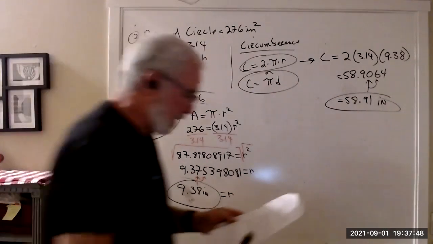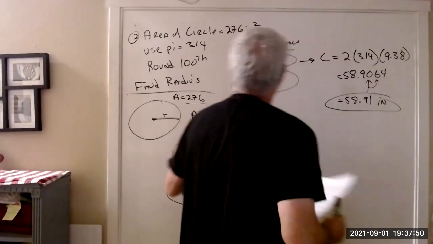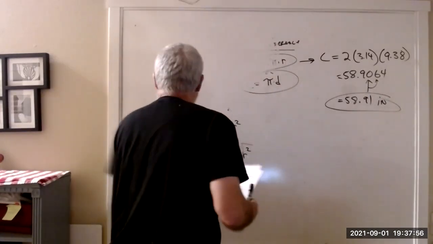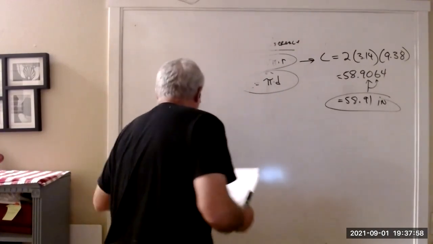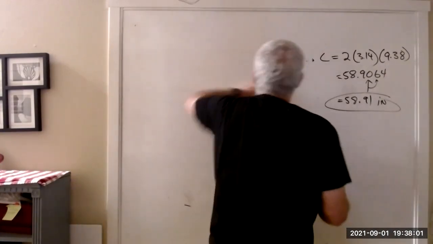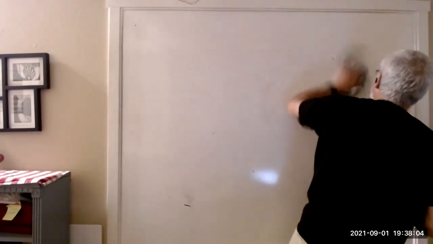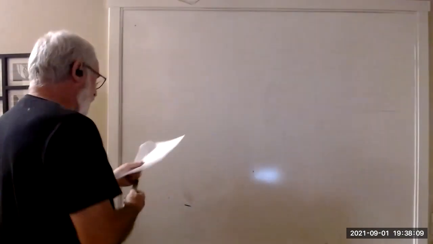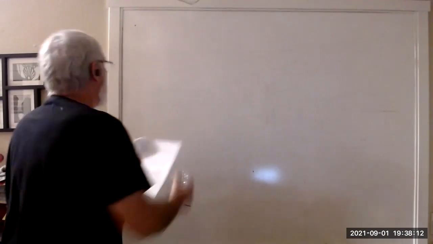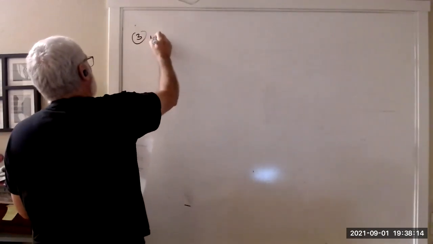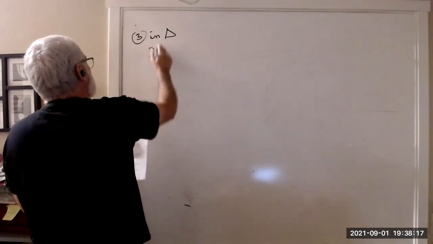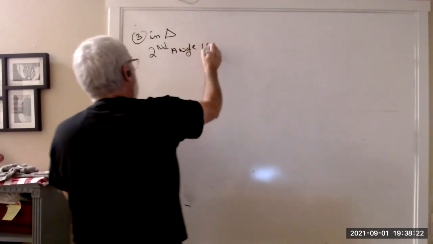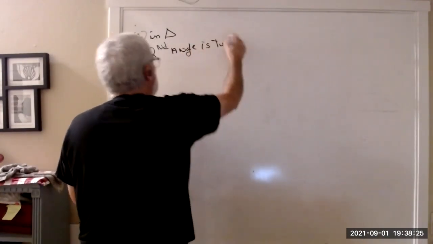Okay, number 3. Number 3 says, in a triangle, the second angle is twice the smaller angle.